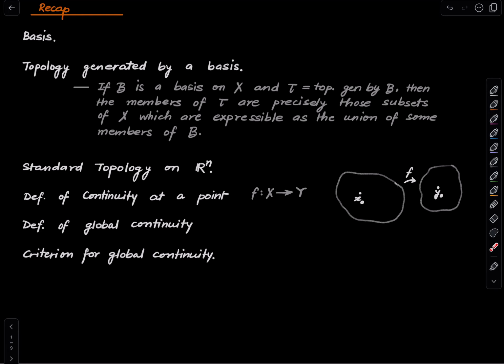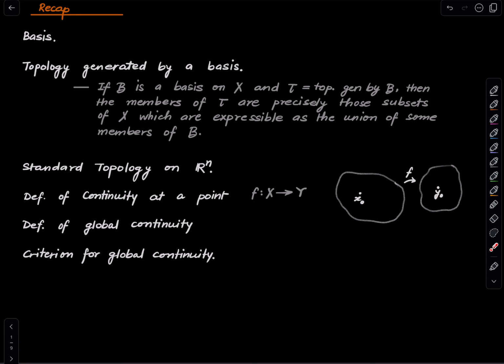We say f is continuous at X0 if, whenever we choose a neighborhood V of Y0 in Y, there is a neighborhood U of X0 in X such that U maps inside V under f. So that was the definition, and we gave a lot of motivation behind that.